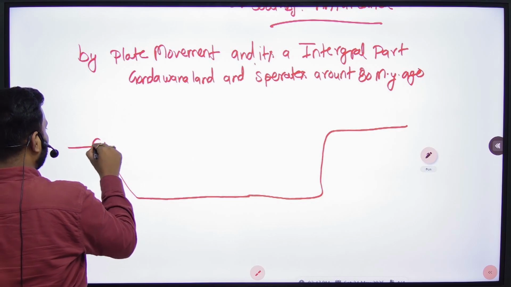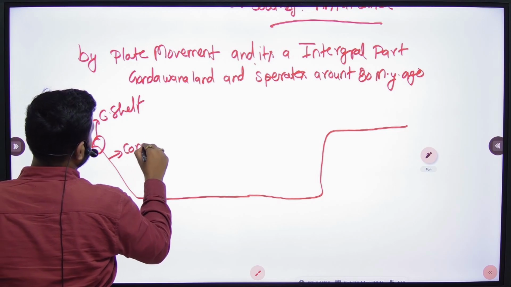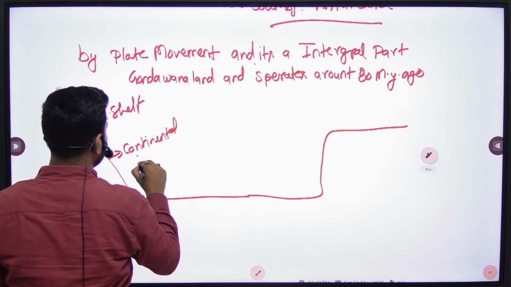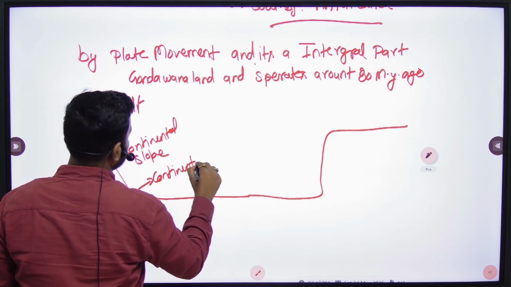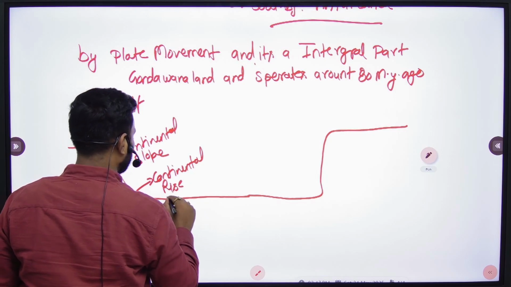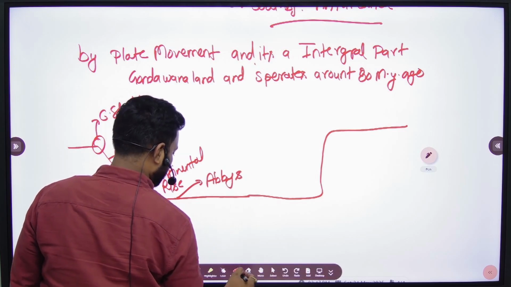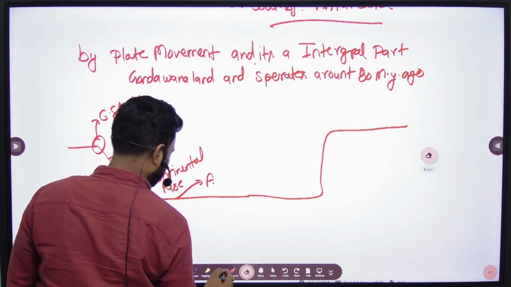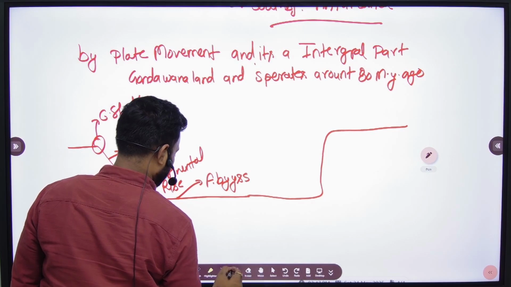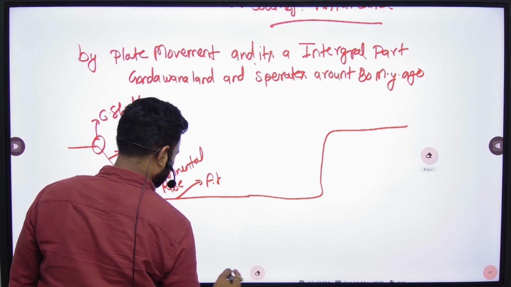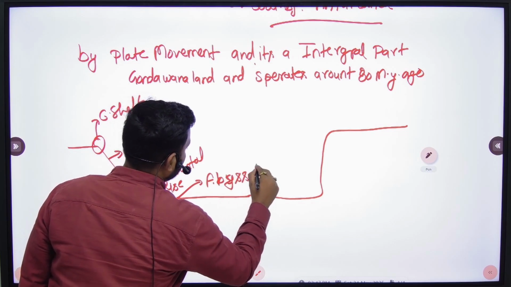It starts from the continental shelf to the continental slope, to the continental rise, and from the continental rise to the abyssal plain. Let me rewrite: abyssal plain.